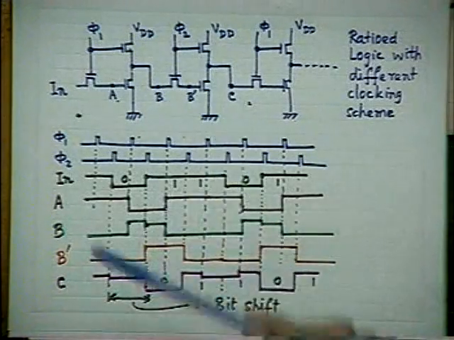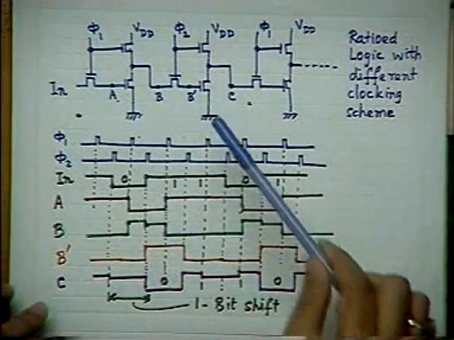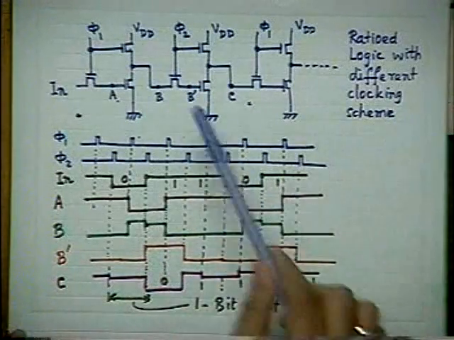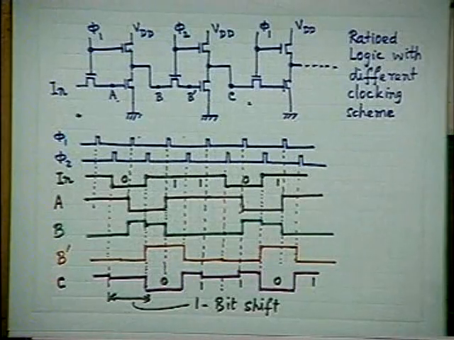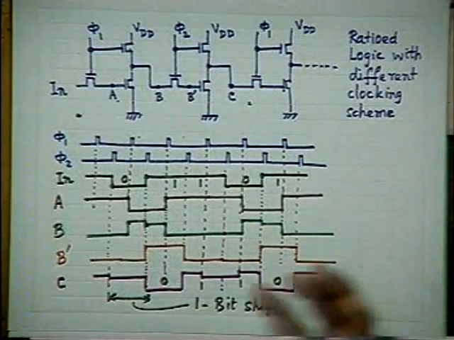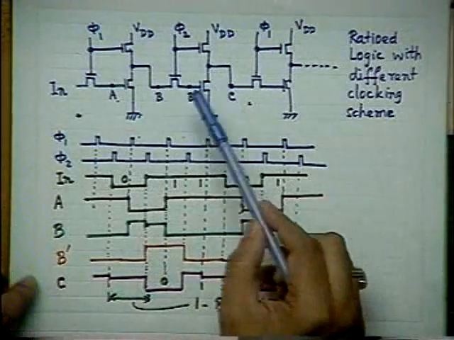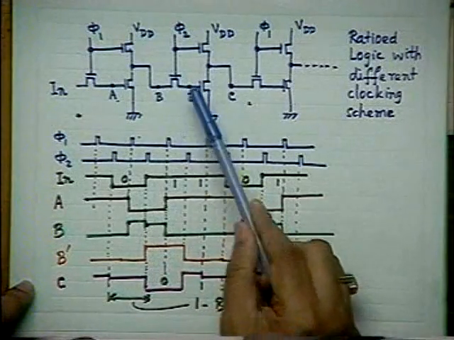So there are two capacitances. One is this one, and remember that all the transistors are built on a P silicon substrate, and this P silicon substrate is grounded. Please remember this. Therefore, these two capacitors added together will be the total capacitance at this point.